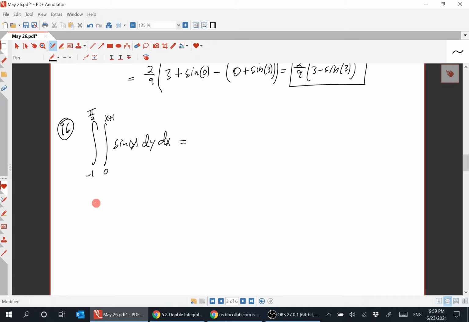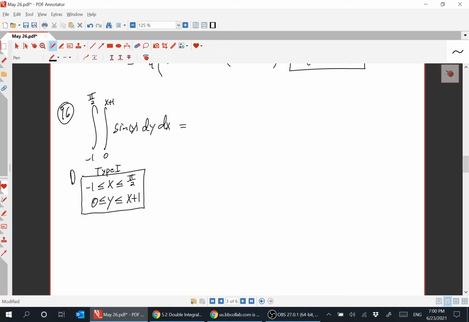So this region is 0 less than or equal to y less than or equal to x plus 1, and then minus 1 less than or equal to x less than or equal to pi over 2. Right, so this is the domain D, type 1. So in order to reverse it, we need to draw this and see what it looks like.